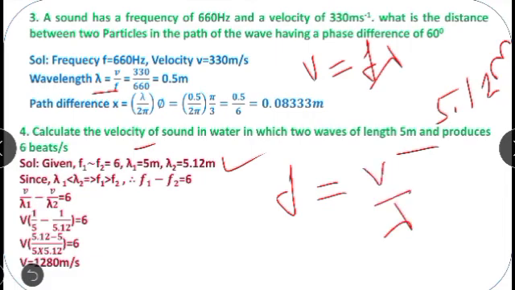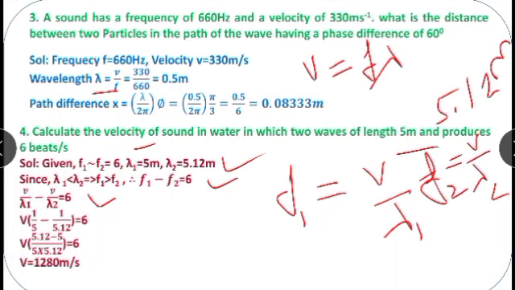Suppose lambda 1 and lambda 2 are given. For f1 it is v by lambda 1, for f2 it is v by lambda 2. So substitute the values of these two in this equation: v by lambda 1 minus v by lambda 2 is equal to 6. So v is common here, and lambda 1 and lambda 2 values are given, that is 5 and 5.12 meter.